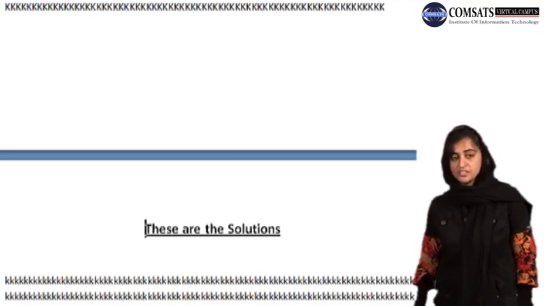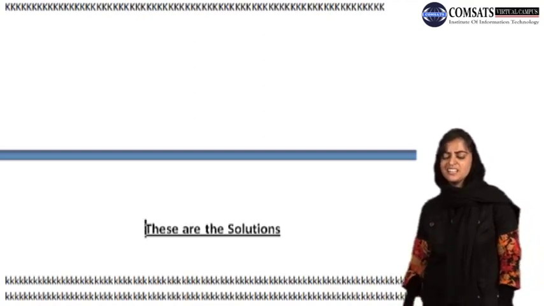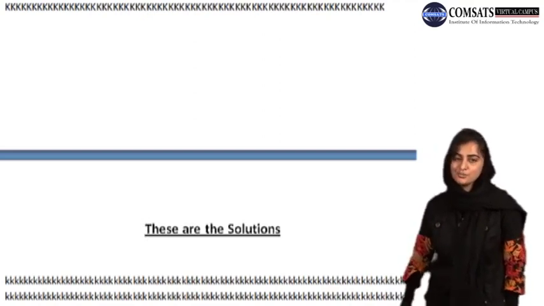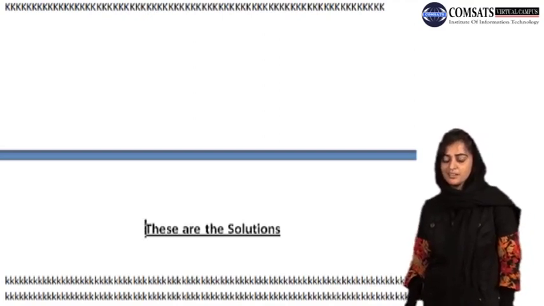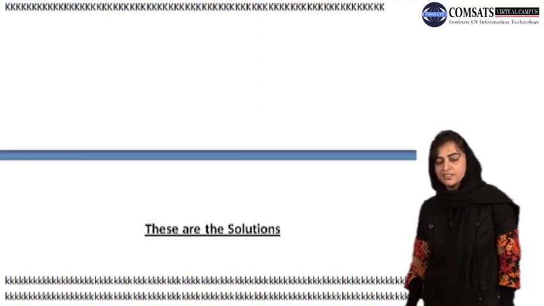It is underlined, 2 line space above it and 1 line space below it. Then let us see which type of heading this 2nd degree is using. "These are the solutions." This is a complete sentence, dear students. This is a complete sentence type of heading.